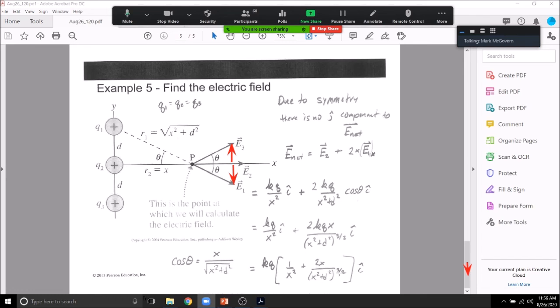You can combine these together and simplify it to get an expression that would be 3 times kq over x squared, which would be the result if you had a 3q charge at the origin. But if you're so far away from the origin here, then that distance d becomes irrelevant practically, and it's no different than if you did have a 3q charge sitting down there.